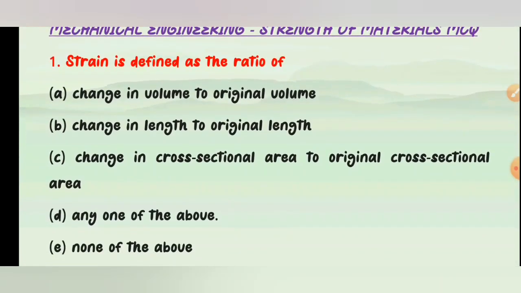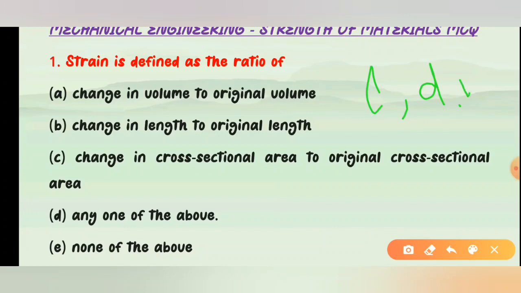Question number 1: strain is defined as the ratio of... We know that strain is defined as the ratio of change in dimension upon original dimension. Here dimension may be length or diameter or volume also.